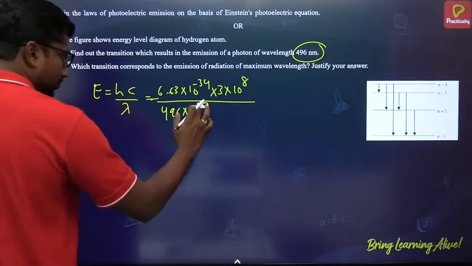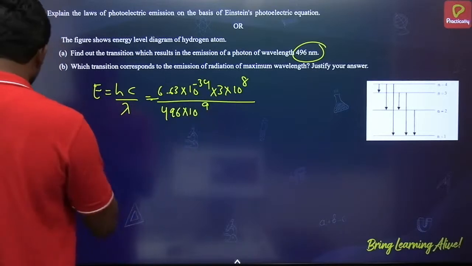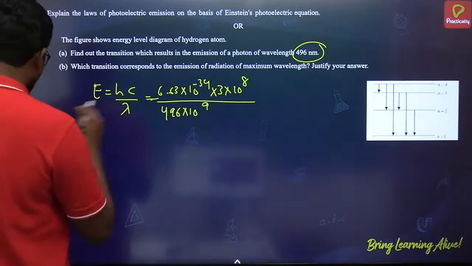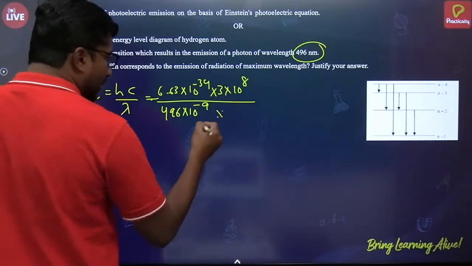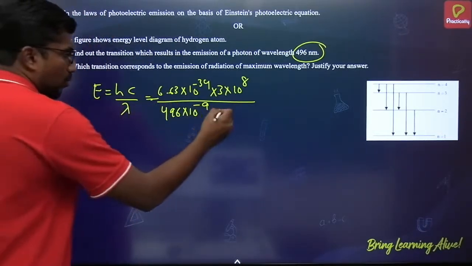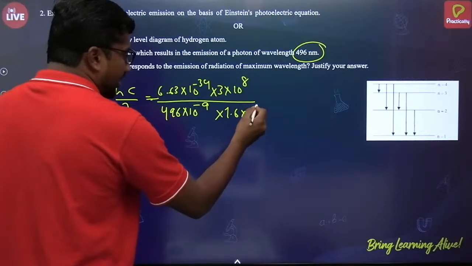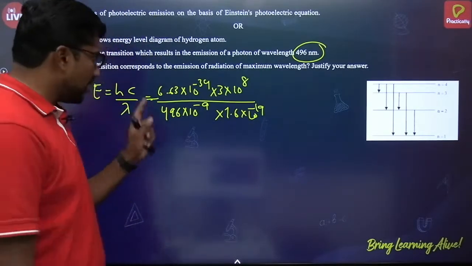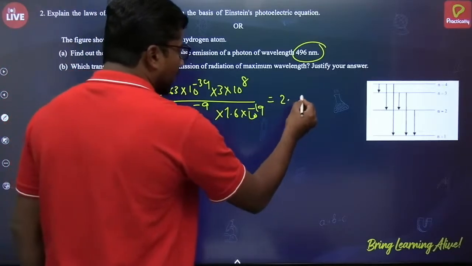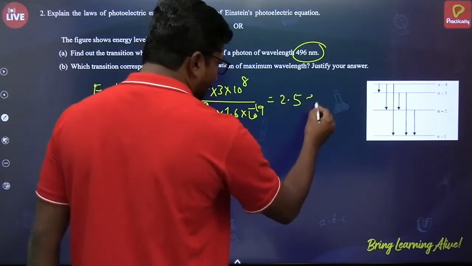Divided by 1.6 into 10 power minus 19, because we are expressing this energy in terms of electron volt. If you simplify this, we'll get around 2.5 electron volt.